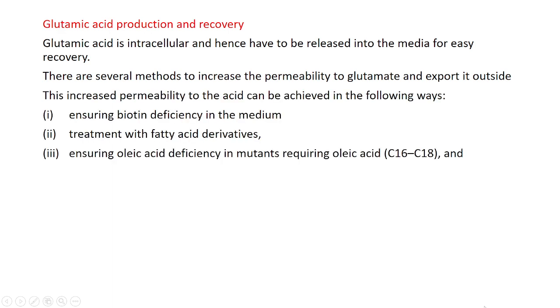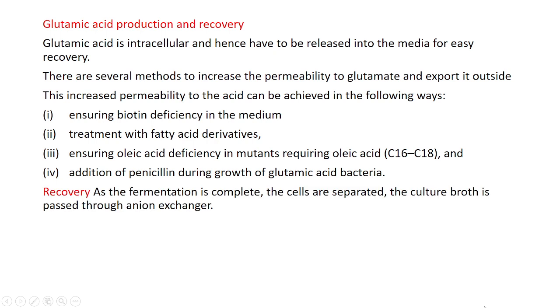There are different methods by which the permeability can be increased. If there is a biotin deficiency in the medium, the cell membrane becomes more permeable. The cell membrane is less strong, so it becomes more permeable. Treatment with fatty acid derivatives can also increase the permeability. Oleic acid deficiency in the mutant, addition of penicillin in the medium, etc., can increase the permeability.